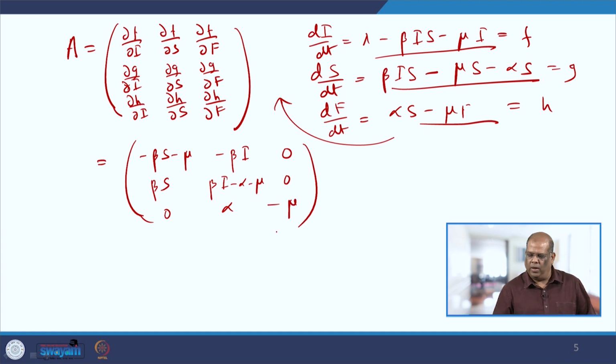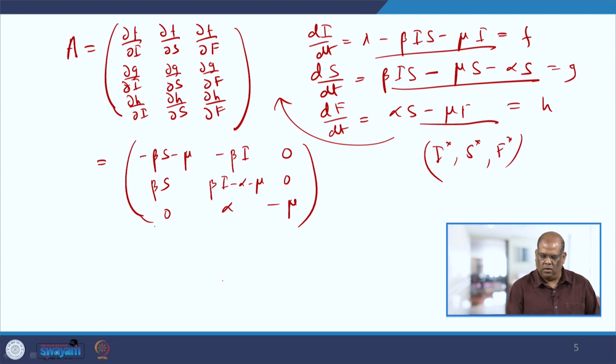They need to be calculated at the equilibrium point I star, S star, and R star. So, I replace these by the equilibrium point. Now we look at the stability analysis at each of these equilibrium points. The first point is lambda by mu, 0, 0.